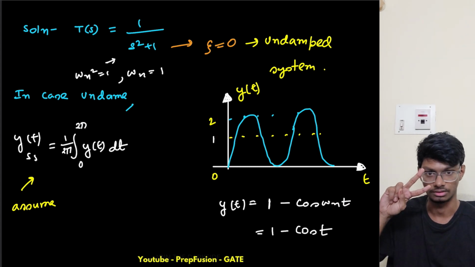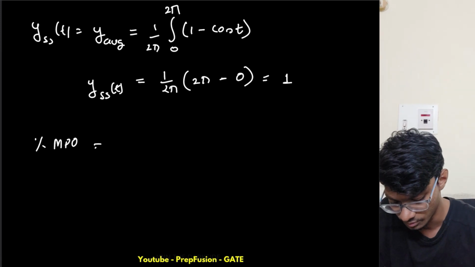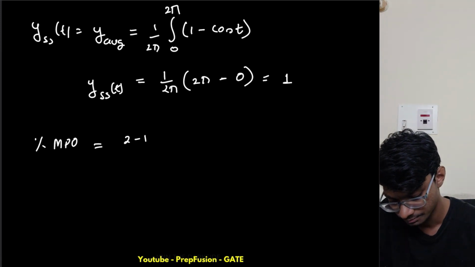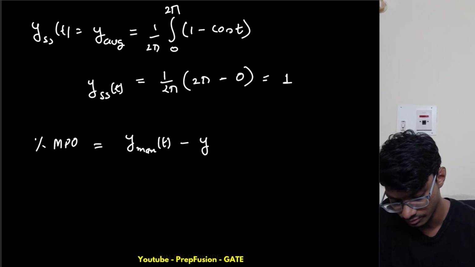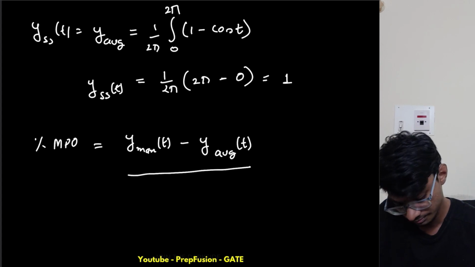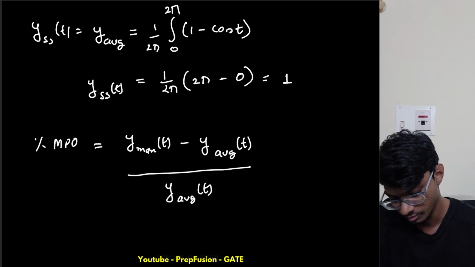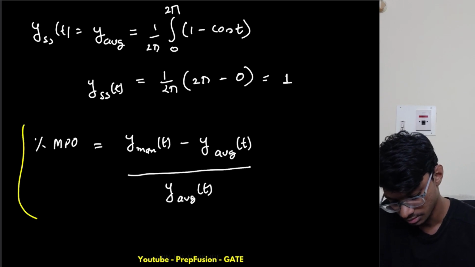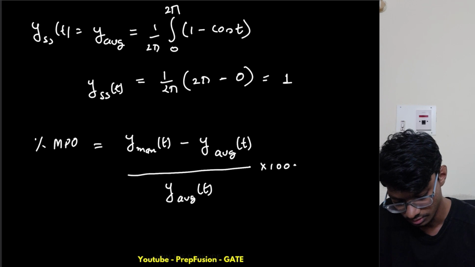So percentage MPO equals y max of t minus y ss, where y ss is y average of t, divided by y average of t. This is my formula for the undamped case, and it will always be multiplied by 100, so I have to write into 100%.